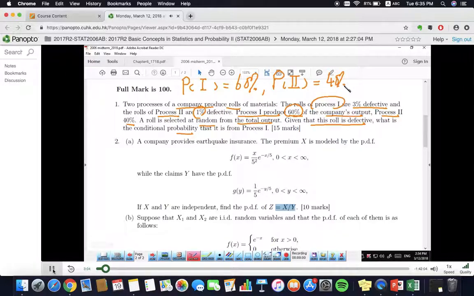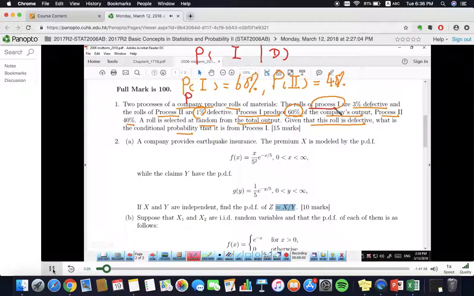Now you are asked to find the conditional probability, whether the product is coming from process I, given that the product is defective. So I use D to stand for defective. And then we have the following information as well.